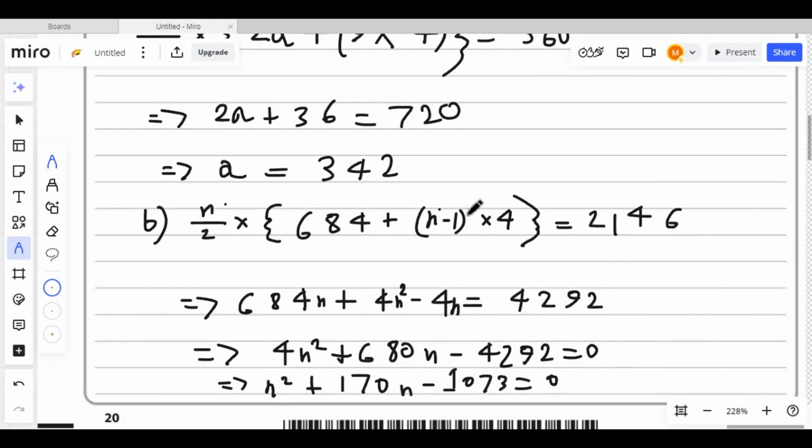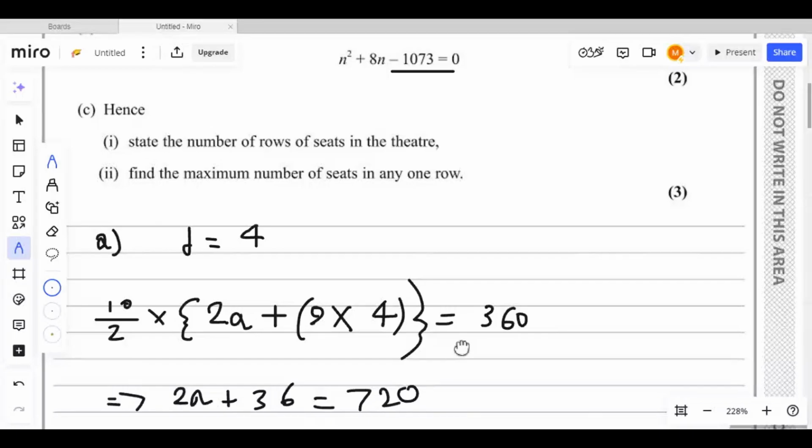We got 170 there, 680 over 4, 170. But they got 8, just 8.